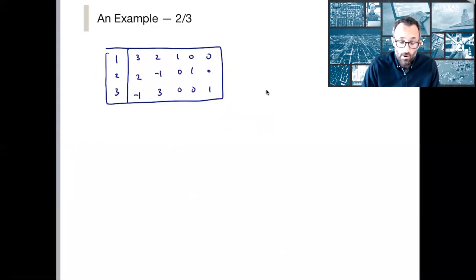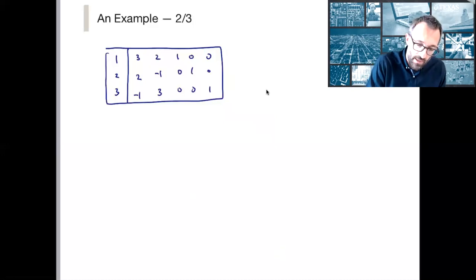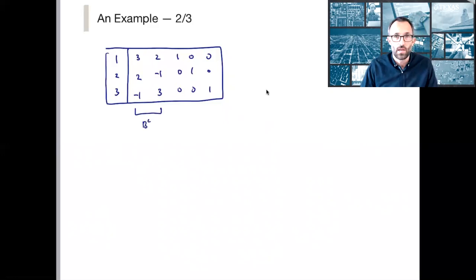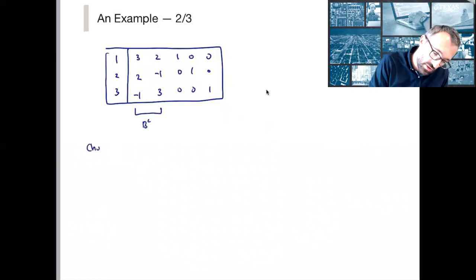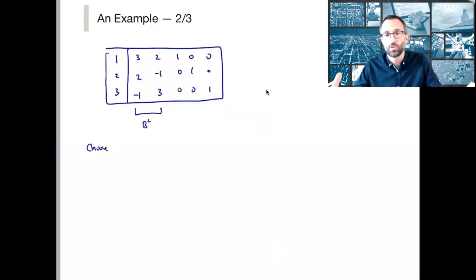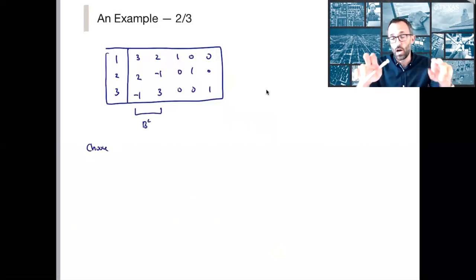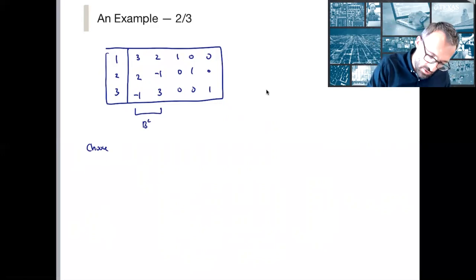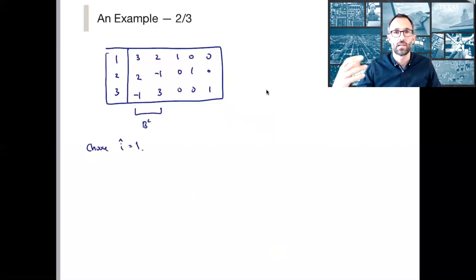So what are our choices? Our choices are something that's not in the basis. I have to choose some element from B complement. So let's just choose, again, the proper way to do the choice, which is coming next, is to be keeping track of the reduced costs. We're not doing that for now. Let's choose i hat is equal to 1, just to get used to the mechanics of the Simplex method.